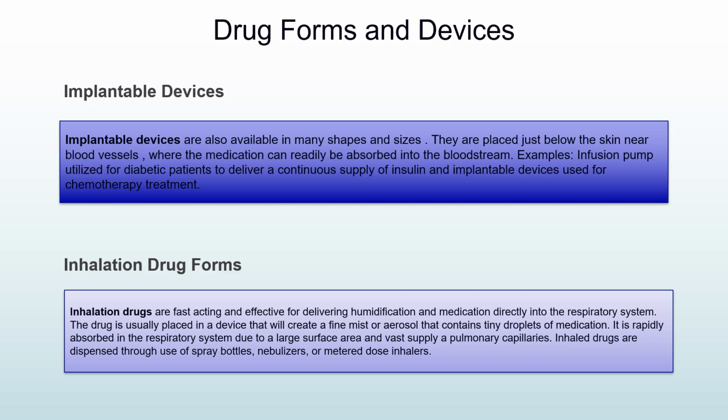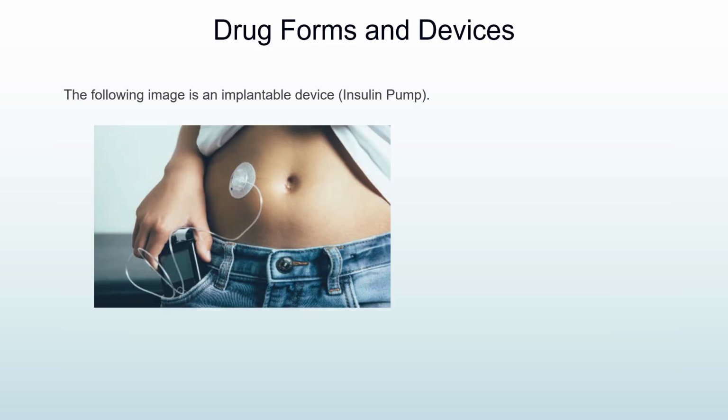Inhalation drugs are fast-acting and effective for delivering humidification and medication directly to the respiratory system. The drug is usually placed in a device that will create a fine mist or an aerosol that contains tiny droplets of medication. It's rapidly dispensed through a spray bottle, nebulizer, or metered dose inhalers. The following is an image of an implantable device, which is an insulin pump.